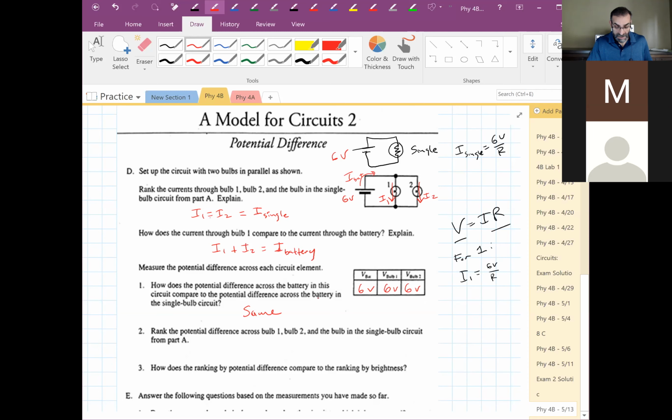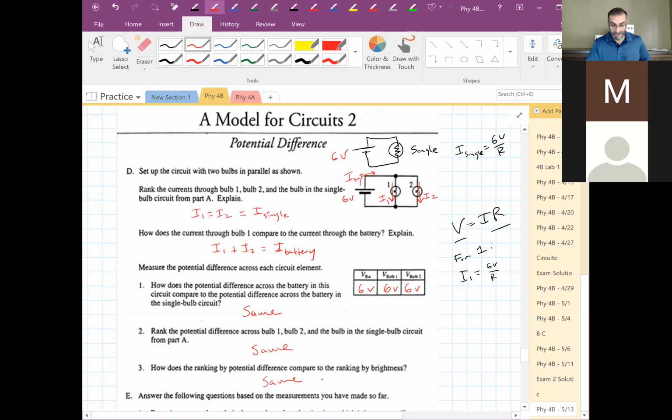Potential difference across bulbs 1, 2, didn't we already do that? They're all the same, right? And we know that they're going to be the same.